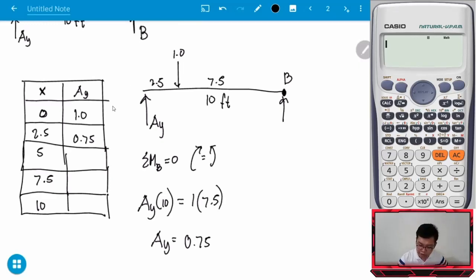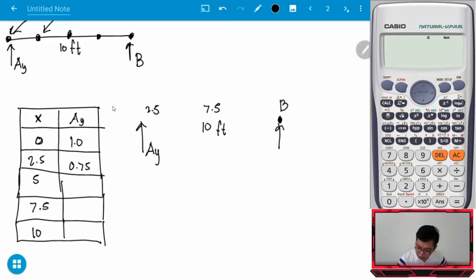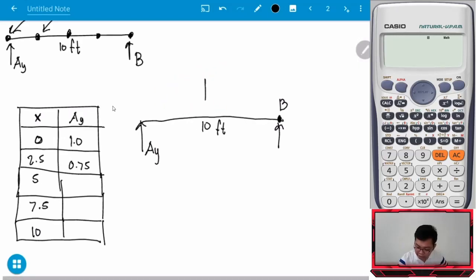Now, next, I think alam nyo na, no? So, buburahin ko na naman to. Wala nang silbi. So, again, ililipat ko na naman dito yung unit load. I think na-imagine nyo na. Ililipat ko dito yung unit load na 1.0. And then, obviously, hindi na natin i-sum up. That is 0.5.